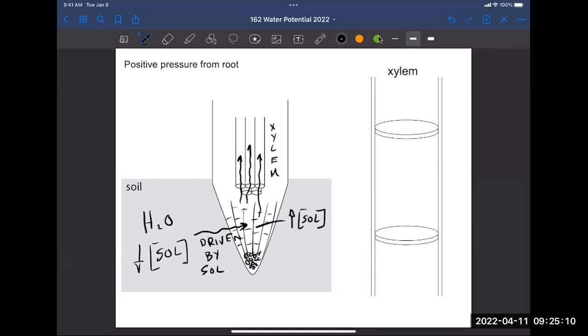Those cells are going to start to swell up, pressure builds up in those cells, and that's going to force the water up into the xylem. And so this is driven by pressure, positive pressure, right? Because essentially those cells in the root are pushing the water up. They're squeezing the water up into the xylem.